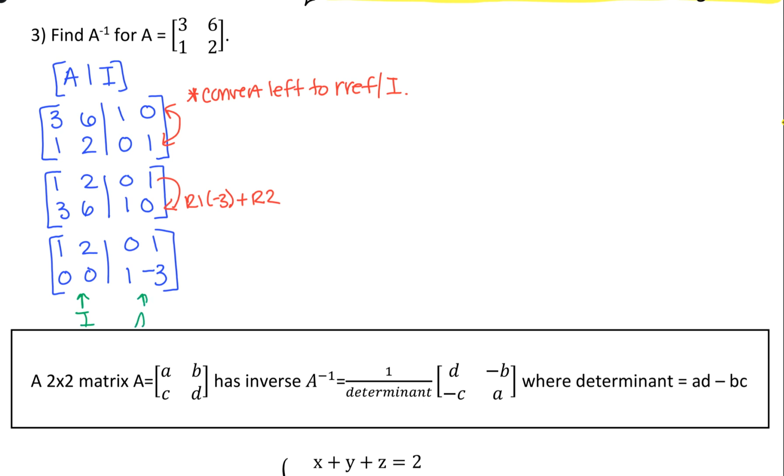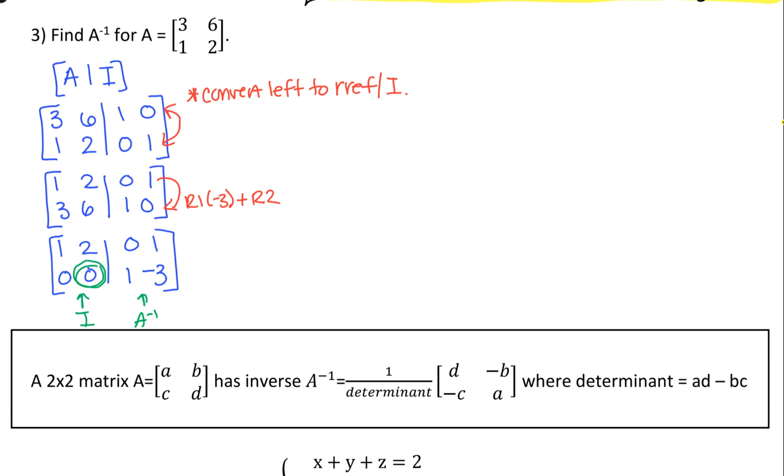And then this side would be my inverse. But notice that I have this 0 right here. I need that 0 to be a 1. But there's no way to make that 0 into a 1, which means I'm never going to be able to make the left side into the identity matrix. Shoot. Did I do something wrong? No, I didn't do anything wrong.